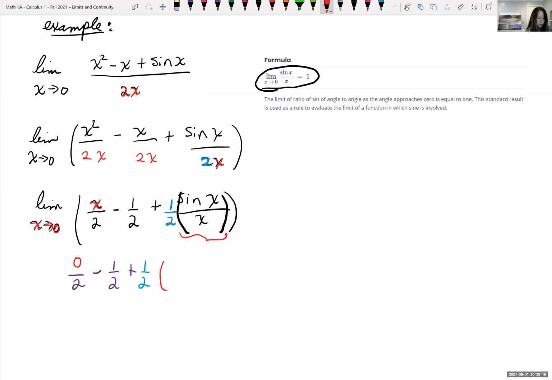This is equal to 1. Zero over a number, that's 0. So we have 0 minus 1/2 plus 1/2, which is 0.